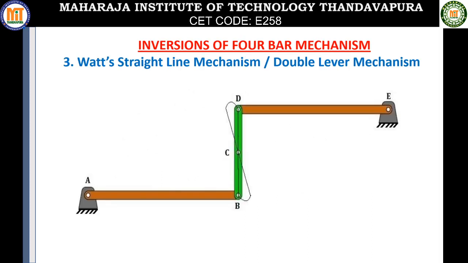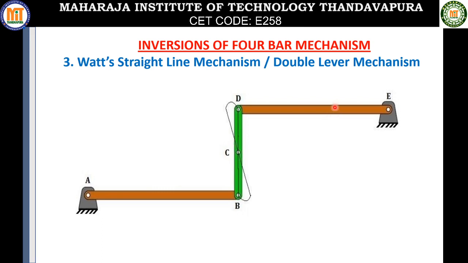The last type of inversion of a 4-bar mechanism is called the double lever mechanism, or commonly called Watt's straight line mechanism, which is basically used to draw approximate straight lines. Here in the double lever mechanism, you can observe the links AB and DE act as levers or rockers.